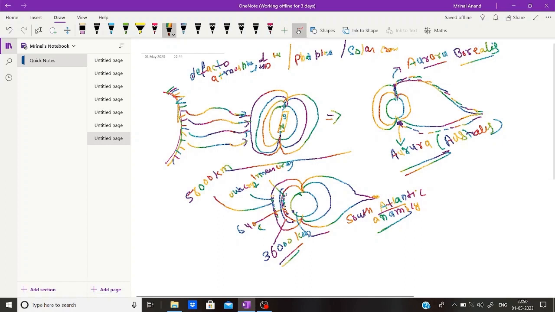Because if we put our satellite in the Van Allen belt, also known as the Van Allen radiation zone, our satellite will be destroyed.